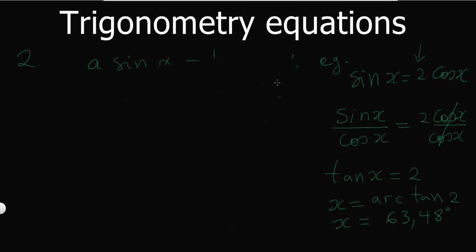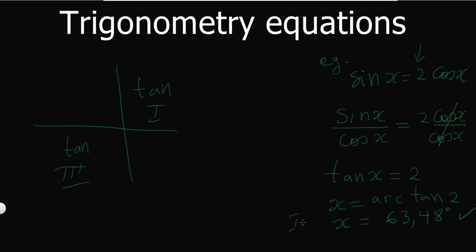Because when you look at tangent, tangent is positive in the first quadrant and in the third quadrant. This answer is the first quadrant, an angle within 0 to 90 degrees.